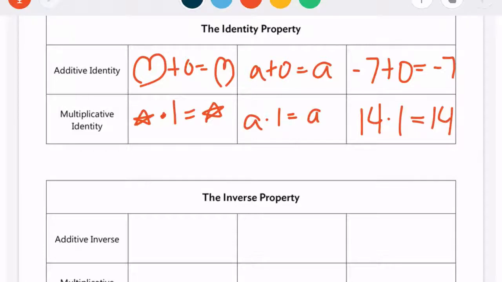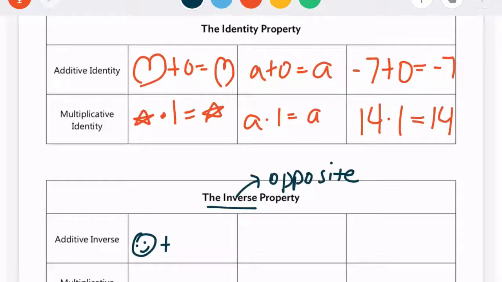Inverse. A good way to think about inverse is opposite. So I suggest you write that down on your paper. The inverse is the opposite. So here's a little example here. If I have a smiley face, if I'm adding to a smiley face, what is the opposite of a smiley face?